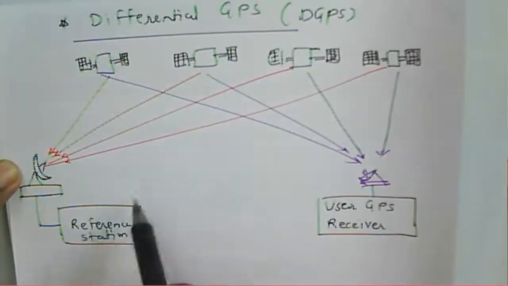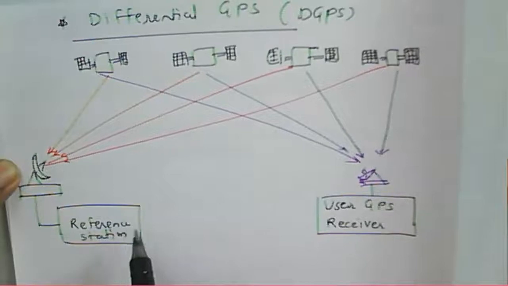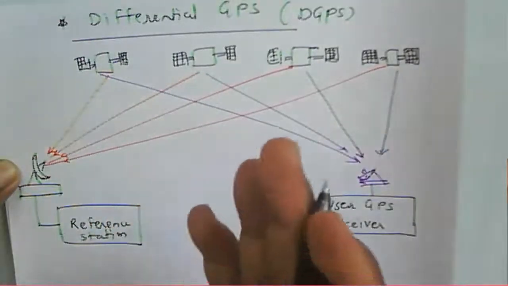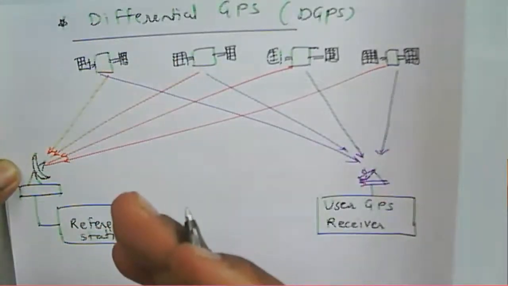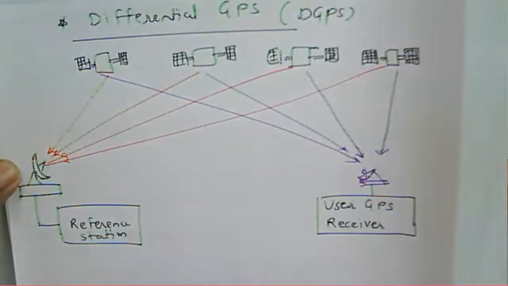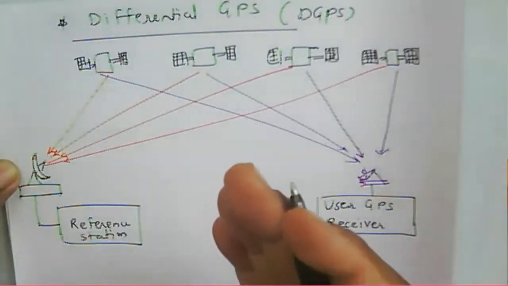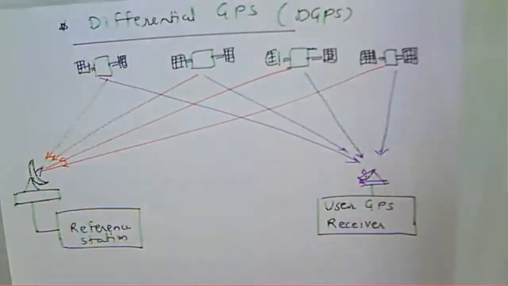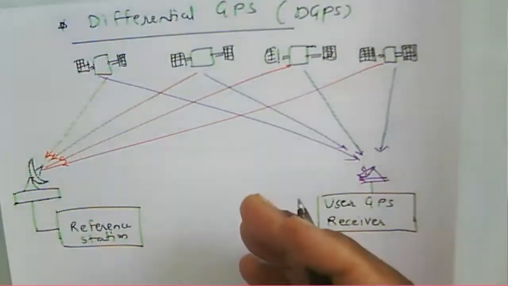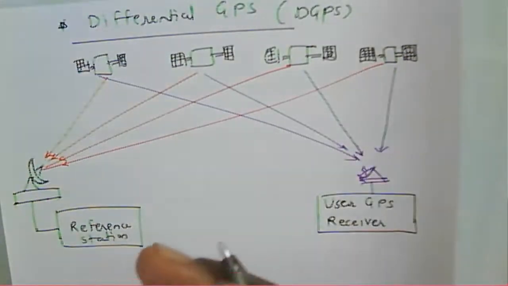Now here, suppose the calculated data has some particular error. Suppose there may be an error in the position, or an error in the range.